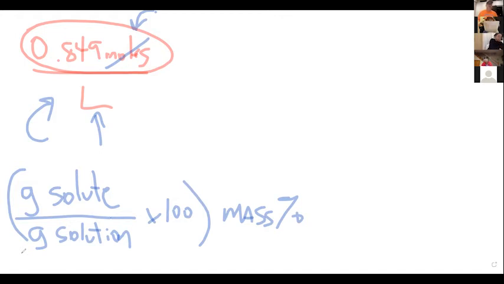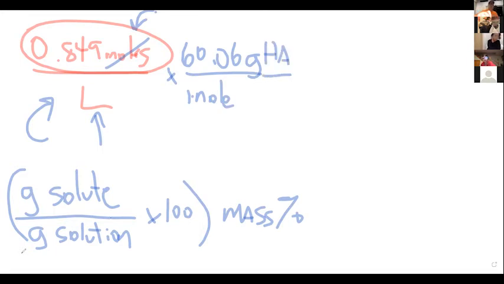So I turn the numerator into grams of solute by using the molar mass, 60.06 or something like that, grams per mole. So that's grams of acetic acid.